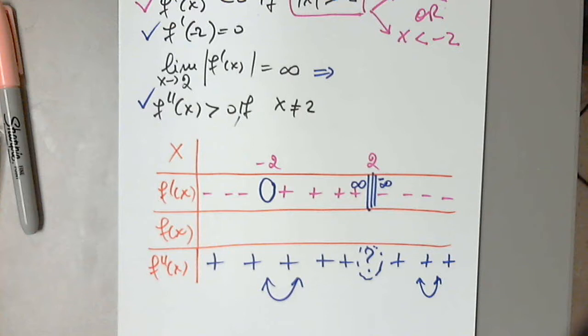If we do not have the absolute value, then the limit as x approaches 2 from either side would be different: from one side it would be positive infinity, from the other side negative infinity.